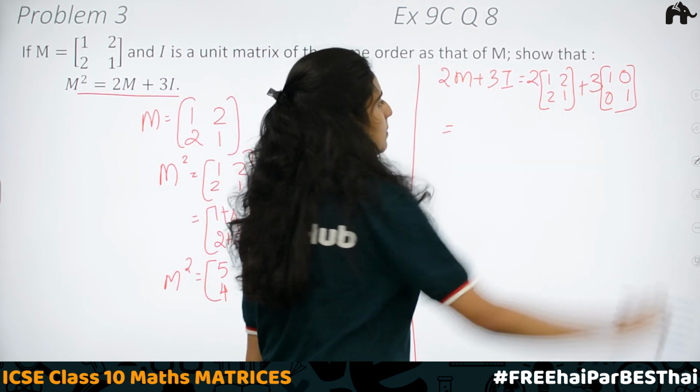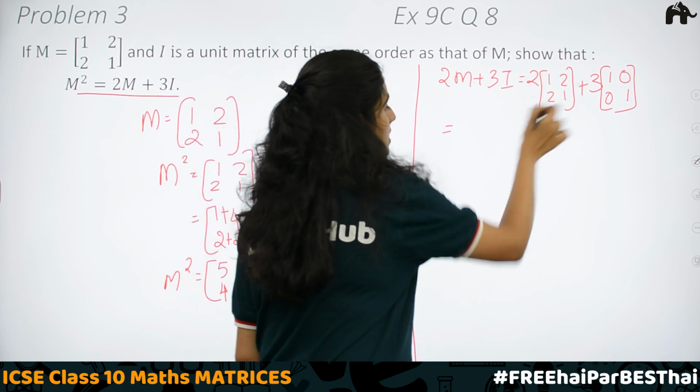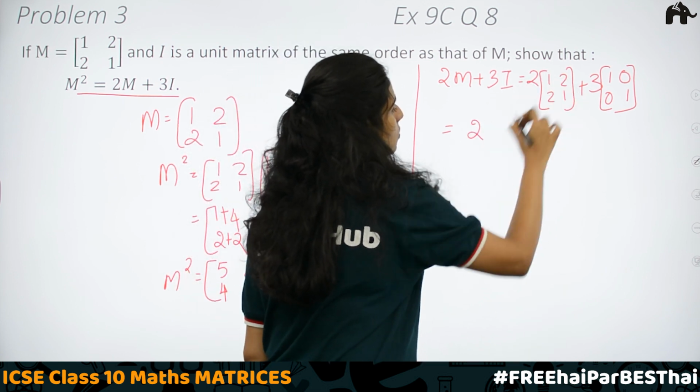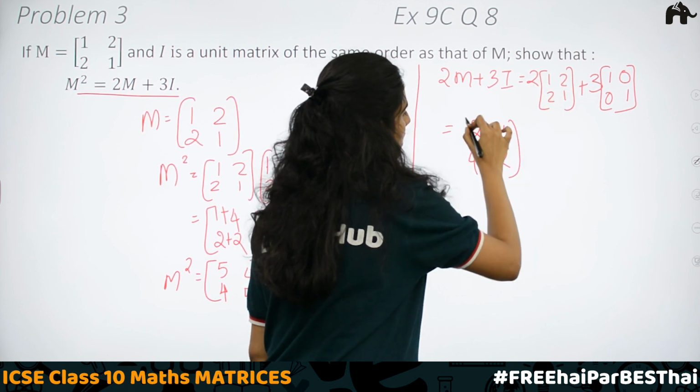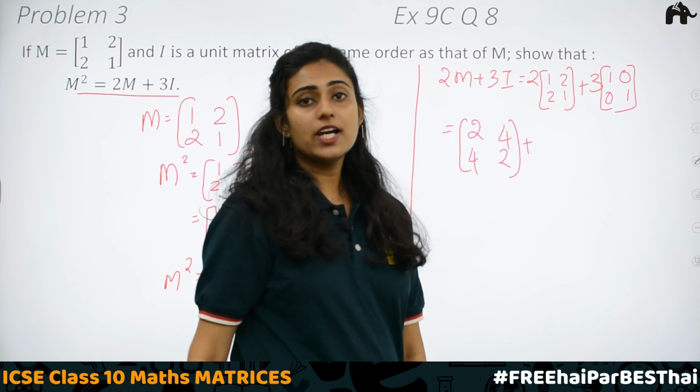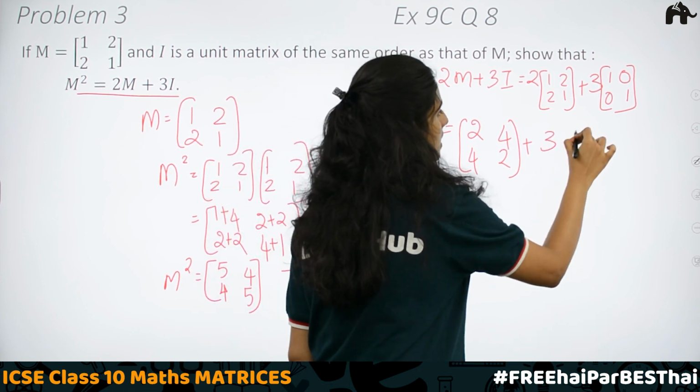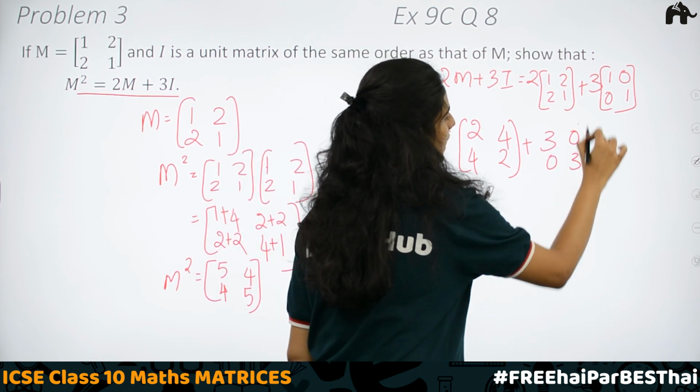Multiplying the scalars with the matrix, we get 2 into 2, 4, again 2 into 2, 4, 2 into 1, 2 plus 3 into 1, 0, 0, 1, 3, 0, 0, 3.